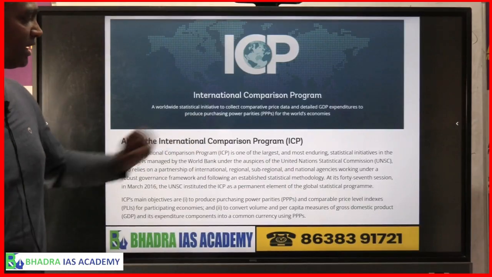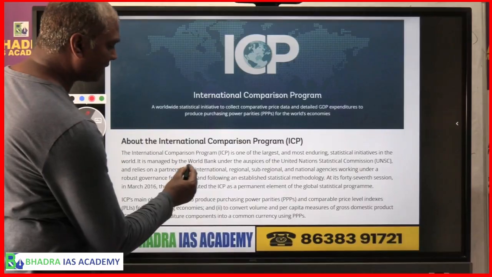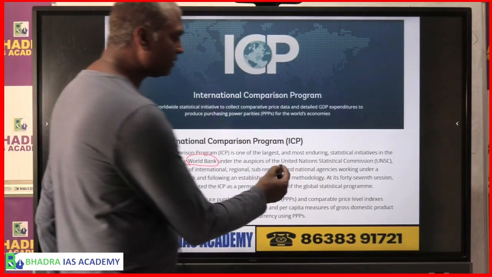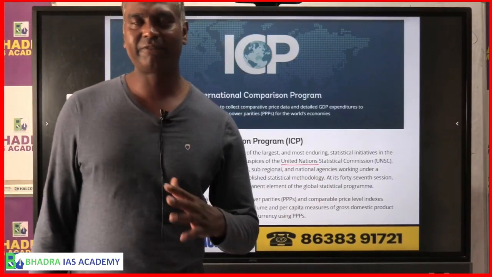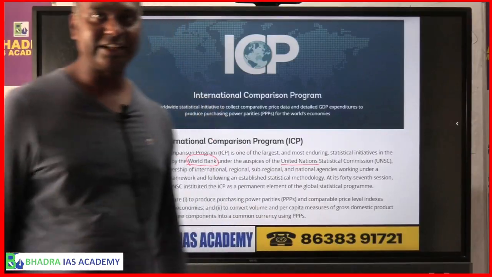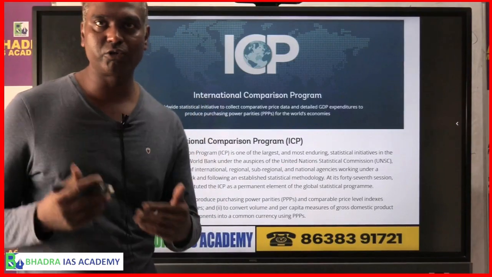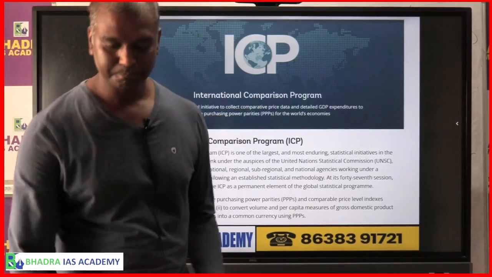Now this International Comparison Program किसके अंदर काम करता है? Basically it is looked after by the World Bank, that also under the United Nations. It is supported by IMF and all other major institutions in the world. So that is the basic information. Also you should be familiar with the International Comparison Program.